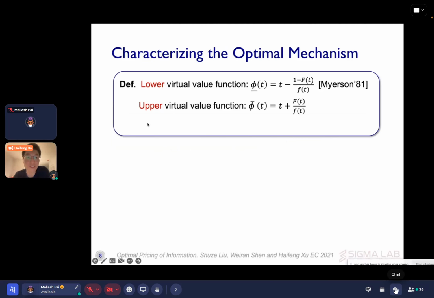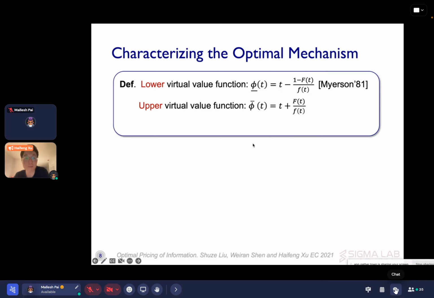In particular, I'm going to call the classical virtual value function developed by Myerson the lower virtual value function. The reason I call it lower is because there's an opposite notion called the upper virtual value function, which is simply t plus a positive number. It's called lower for Myerson's original version because it's t minus some positive value.